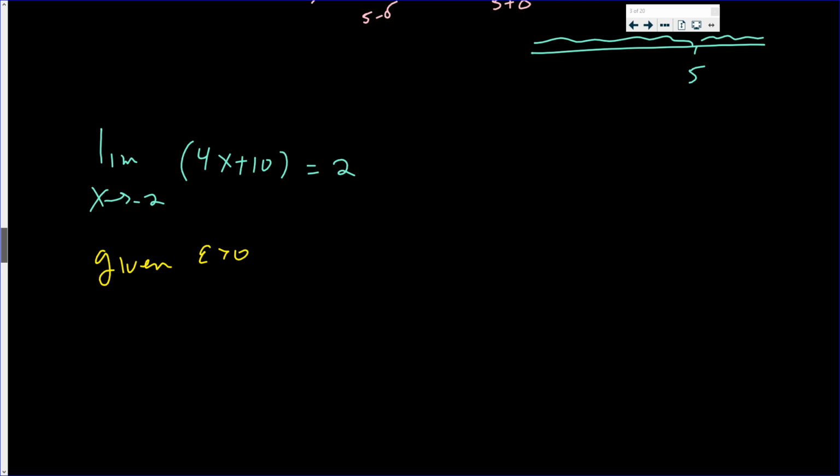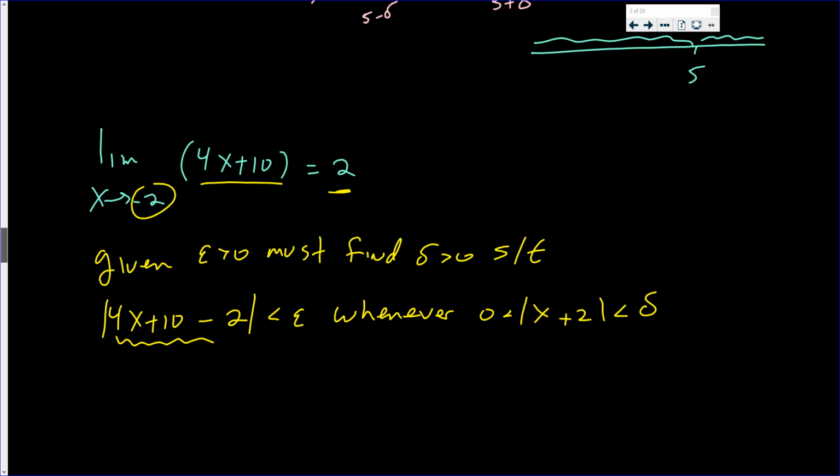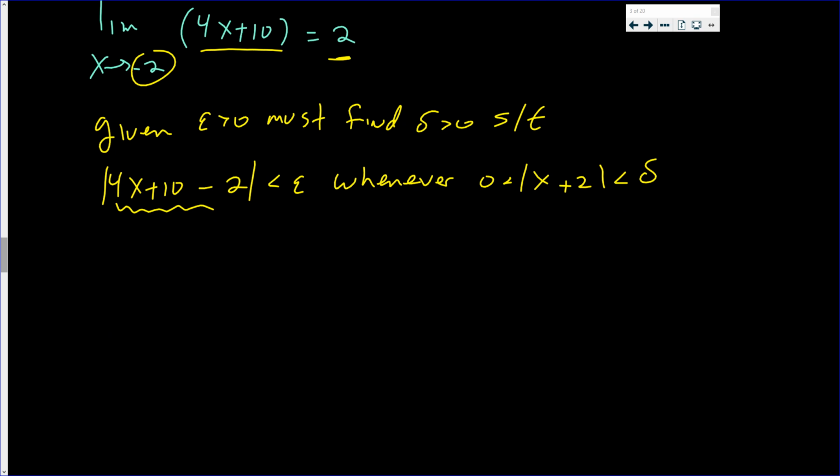Given epsilon greater than 0, you must find delta greater than 0 such that the absolute value of f of x minus L is less than epsilon whenever 0 is less than the absolute value of x minus -2, which makes this x plus 2, is less than delta. So somehow I want to get x plus 2 there. That's the whole goal.